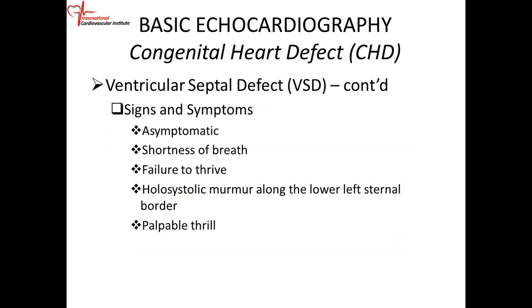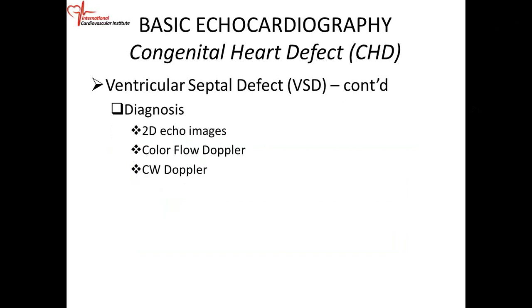But this murmur is heard best at the lower left sternal border, which is different from your MR murmur. And you tend to get what we call a palpable thrill. That is, if you put your hand on the patient's chest, you feel as if there's a ripple under your hand.